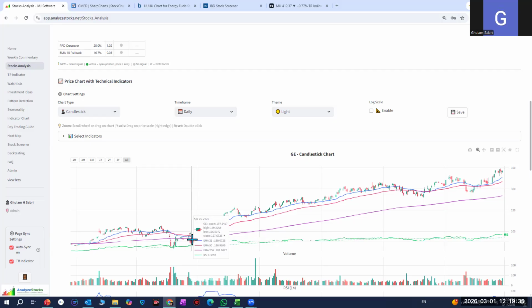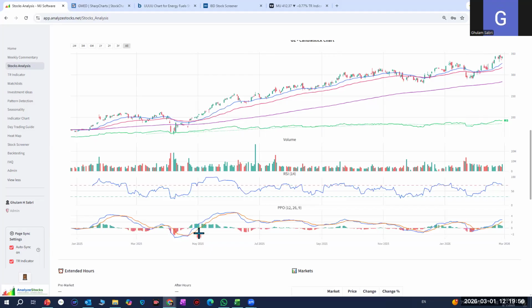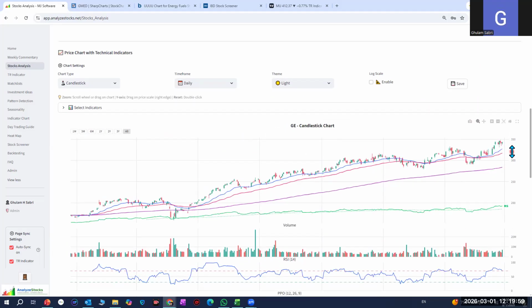You enter right here when it crosses the 200 line, and you are still carrying it because GE is in a strong bullish trend, so it is still going on. And when will you exit? When it drops below and crosses it again from the top. So that's why the number of entries is low in this long-term strategy. It started sometime in May last year and is still going on.